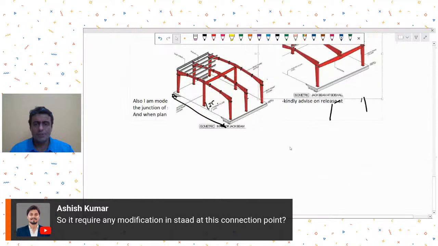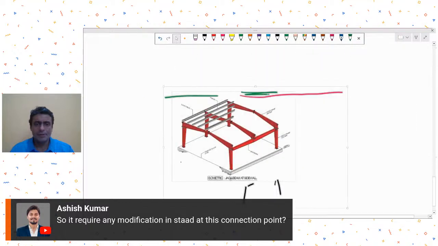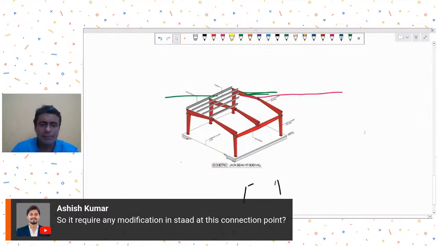Are you able to see this? Another image. So here what's happening? The jack beam is at the ends. I'm not able to somehow get rid of this eraser. So here the jack beam is at the ends over here.